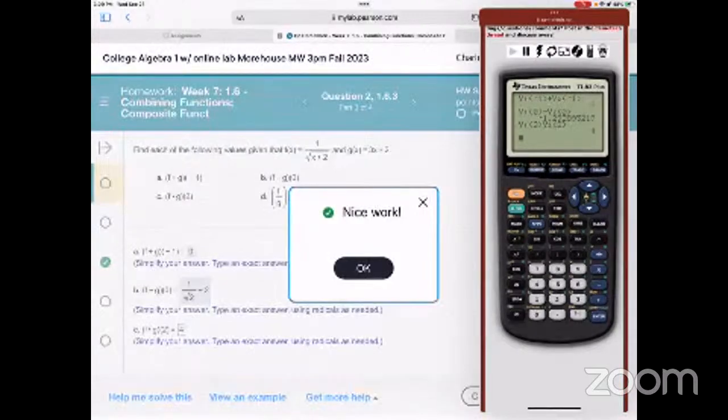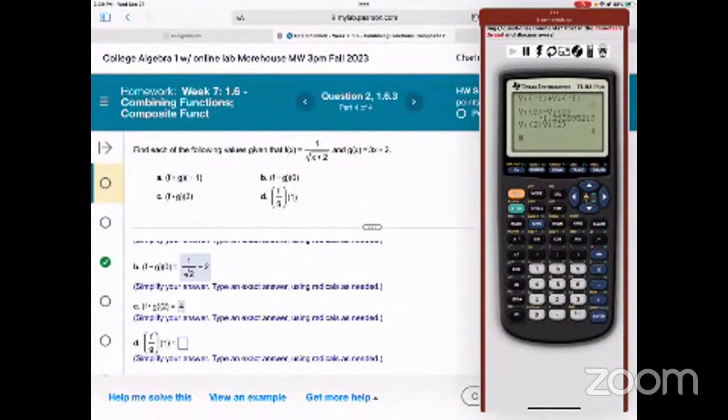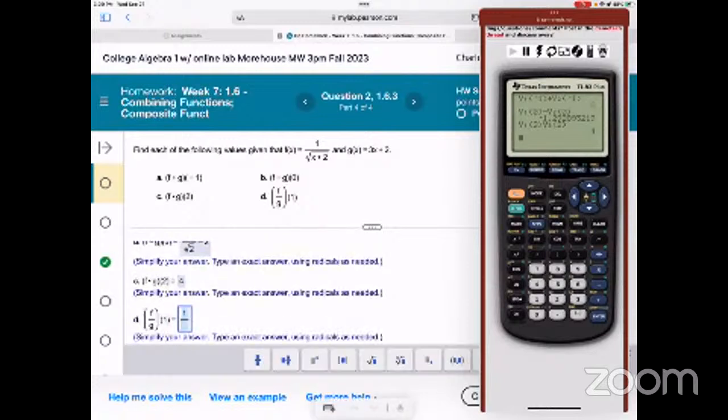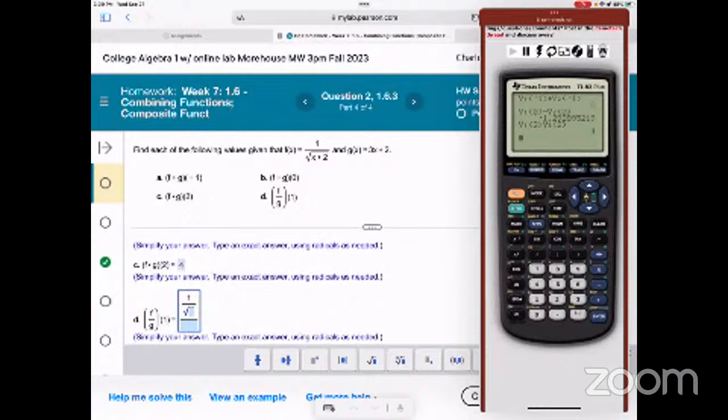Okay. And then f divided by g of 1. Okay, so that's going to have another decimal. So f of 1 is going to be what? 1 over the square root of 3. Let's go ahead and capture that. So we're going to have 1 over the square root of 3. Okay. And then g of 1 is going to be 5.